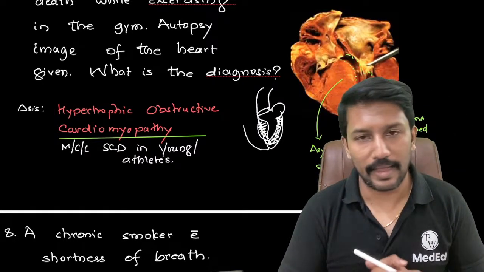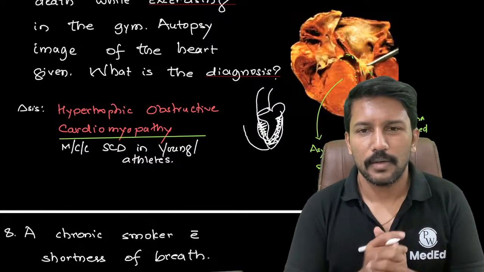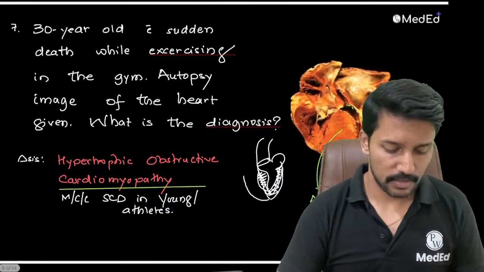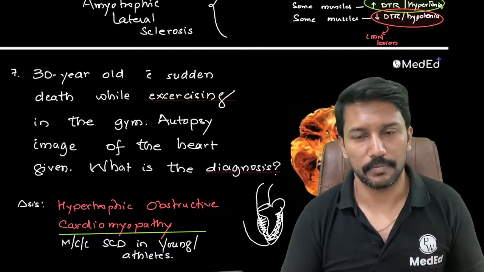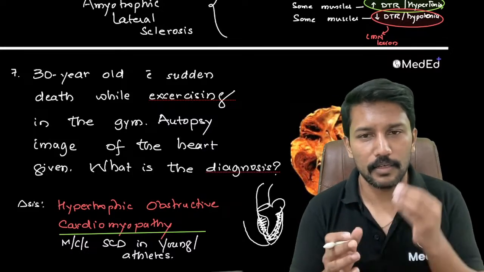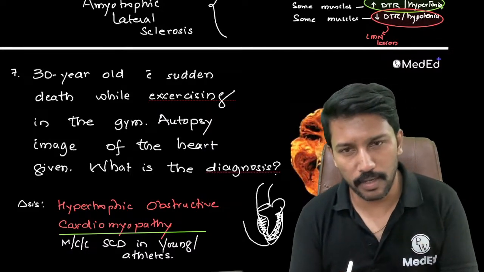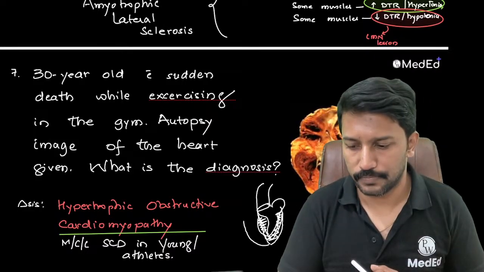But why are they dying? Especially there is a relationship with gym or exercise, physical activity. Most of these people go to some sports or gym, and then during the gym activity or during the play or soon after the exercise, they collapse and die.